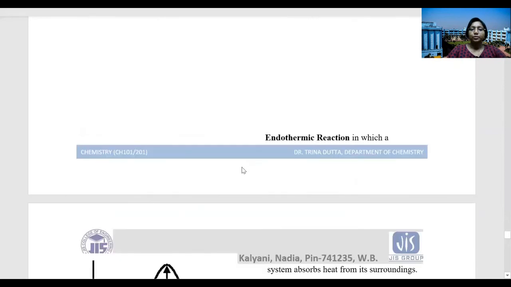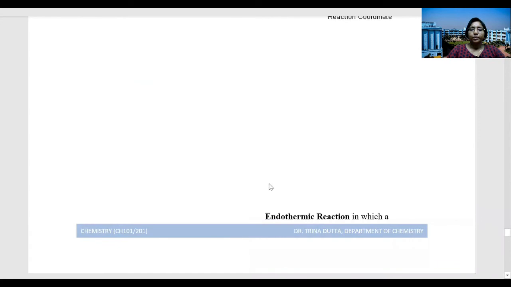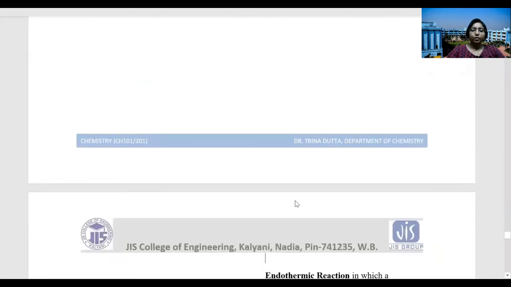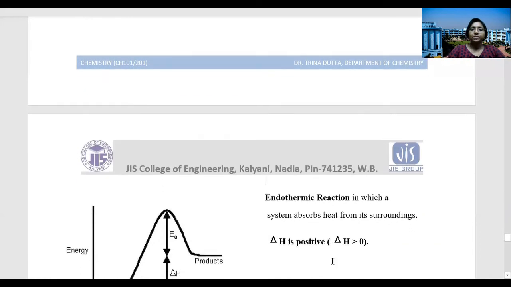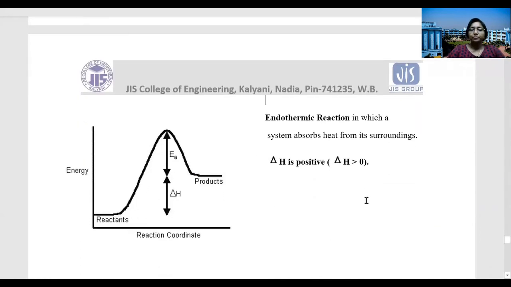So now, what is the endothermic reaction? For the endothermic reaction, in which a system absorbs heat from the surroundings, del H is positive.